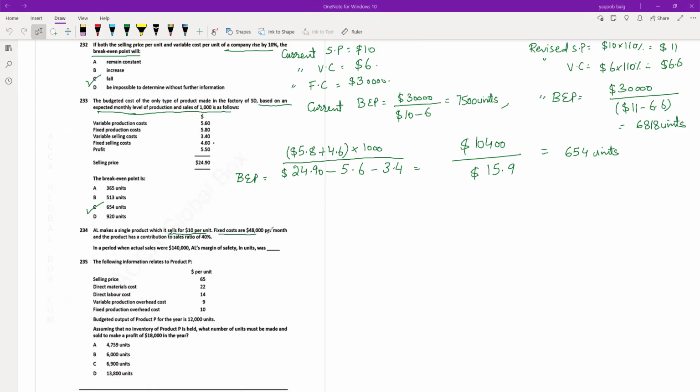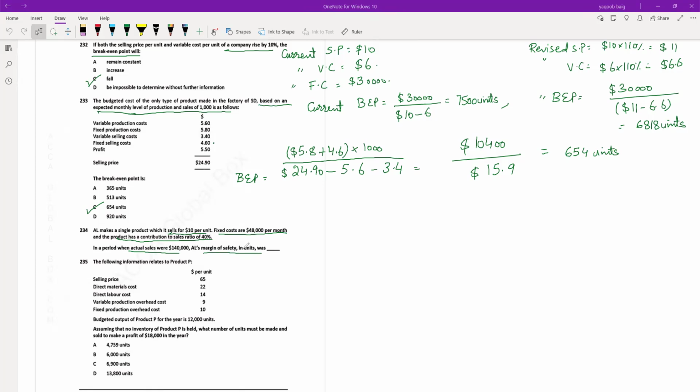AL makes a single product which it sells for $10 per unit. Fixed costs are $48,000 per month, and the product has a contribution to sales ratio of 40%. In a period where actual sales are $140,000, margin of safety in units was.